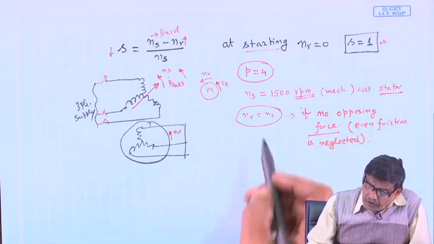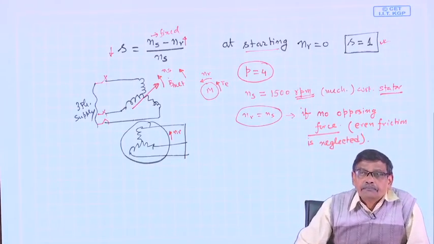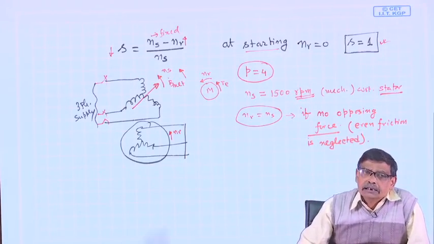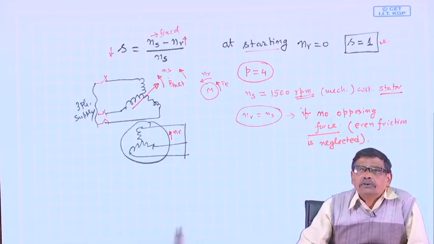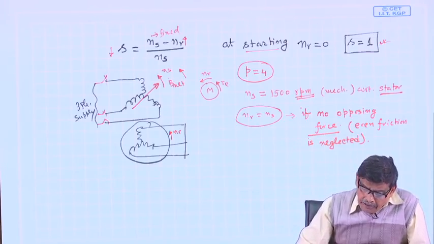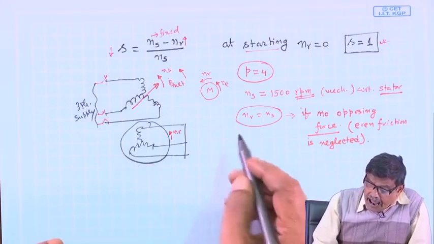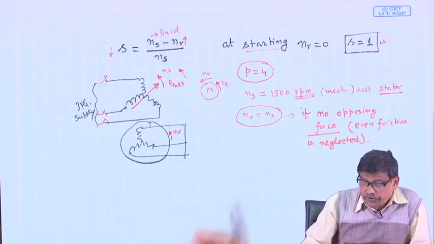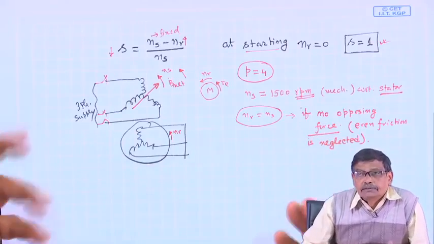Then the rotor will run also at 1500 rpm, and in a frictionless environment you do not require any torque to be applied, it will continue to run, but that is an ideal situation. Now, so at best, at most, Nr could be equal to Ns.